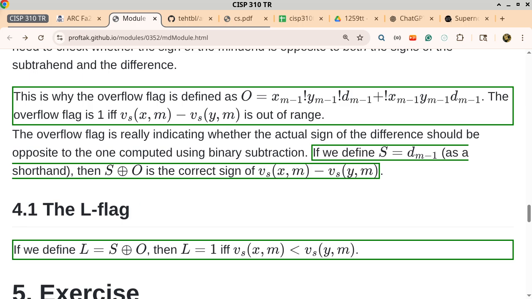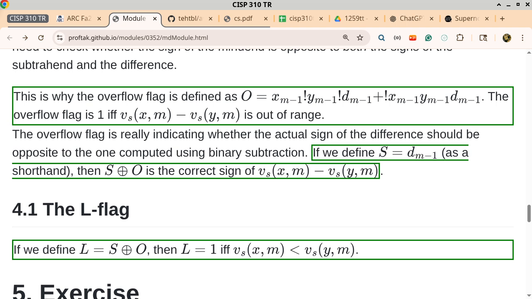And then we also come to the conclusion that the L flag is a 1 if and only if the signed interpretation of a bit pattern X with up to m bits is less than the signed interpretation of Y up to m bits. So that is the conclusion. And this is why it is in a green box, because it is the important part of this entire discussion.